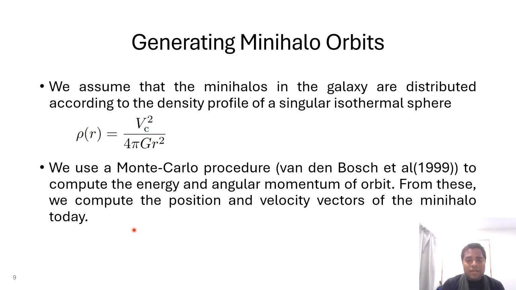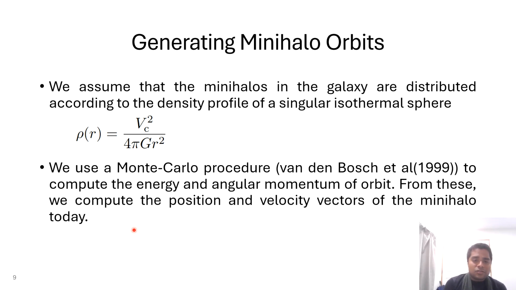To do this, we assume that the mini-halos are distributed according to the density profile of a singular isothermal sphere inside the galaxy. In reality, we expect the distribution to be more like NFW, but there are subtle issues with the NFW to implement in code. So we use a singular isothermal sphere, which is relatively close enough.